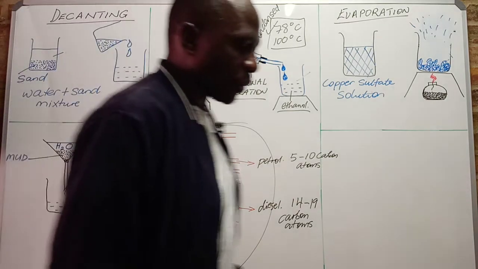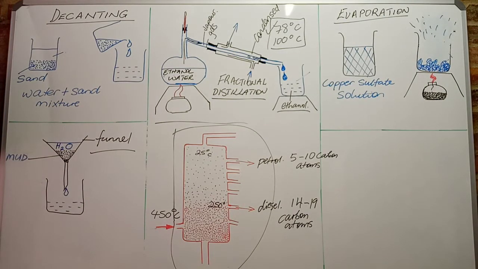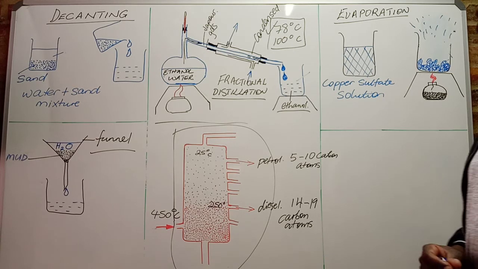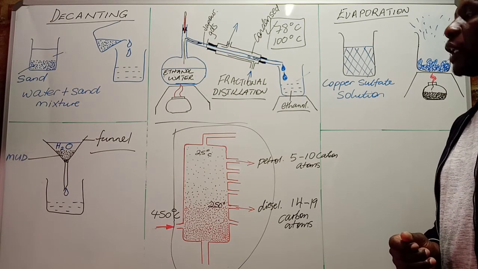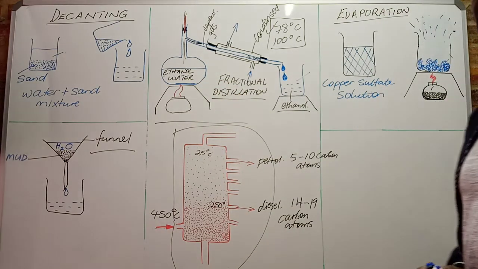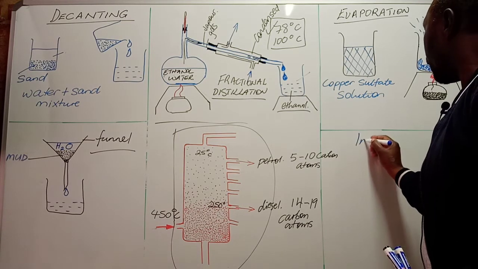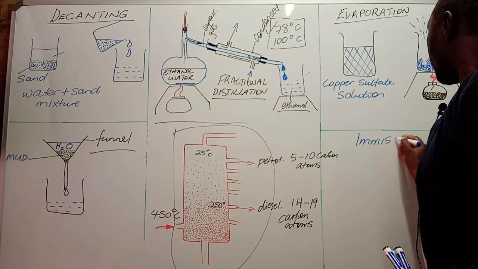Okay, now let's look at the sixth type of separating mixtures. We spoke about miscible liquids, which is ethanol and water. However, there are some liquids which are said to be immiscible.